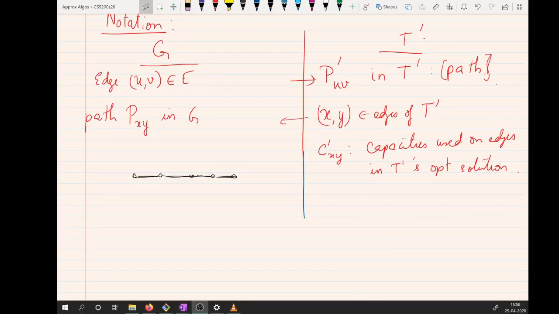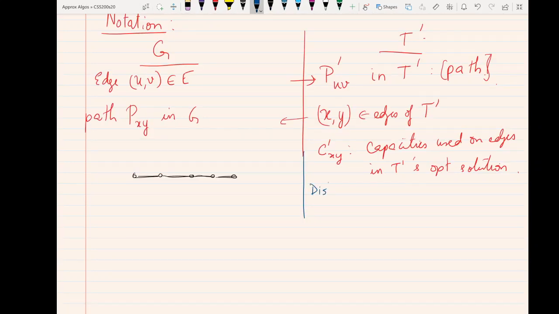For the distances in T prime, I'm going to denote them by d T prime of x comma y.